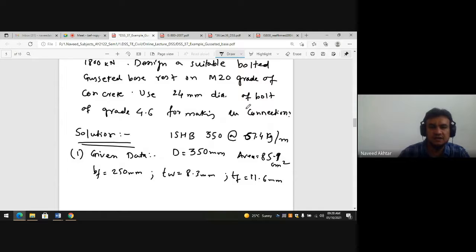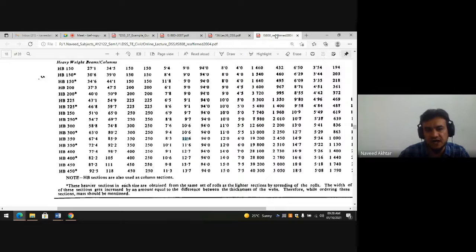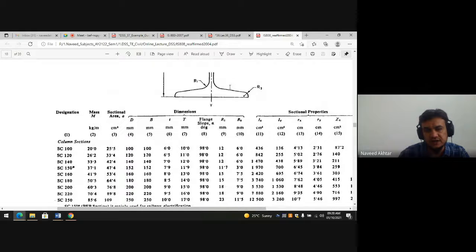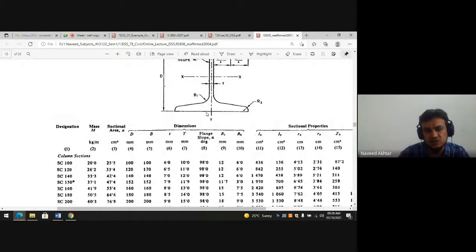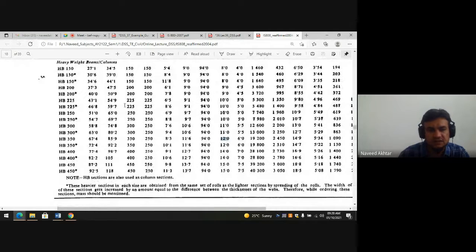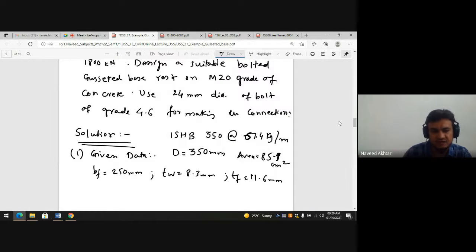Okay, and if you require R1, R2, the radius of the root, you can write down 12 and 6. So R1 is 12 mm and R2 is 6 mm as it is given. If required, we will use that.